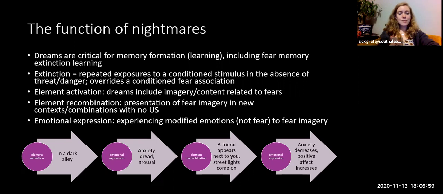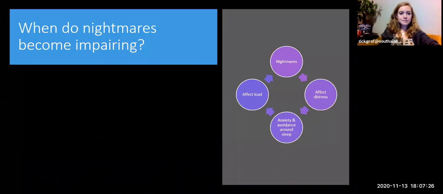But then the dream incorporates element recombination, where in this fearful context, something else happens that changes the context, that makes it less scary, that takes away the unconditioned stimulus of fear. So maybe a friend appears next to you, maybe the streetlights come on, maybe Oscar the Grouch pops out of a trash can. And then the emotional expression changes too. The anxiety decreases. We get to experience habituation and safety learning in the safety of our own dreams. That's what nightmares are for.